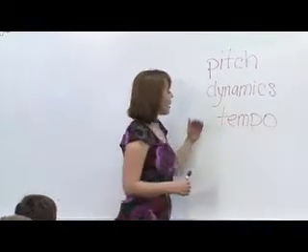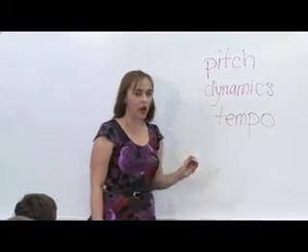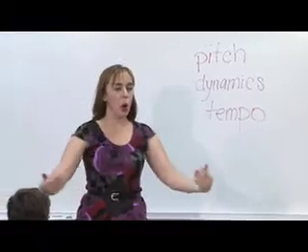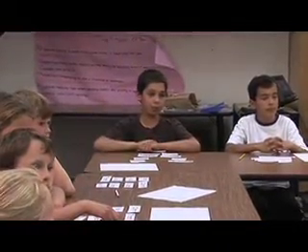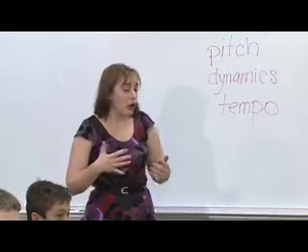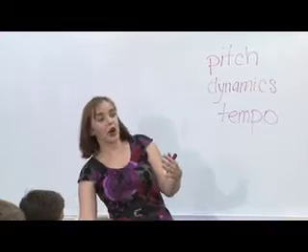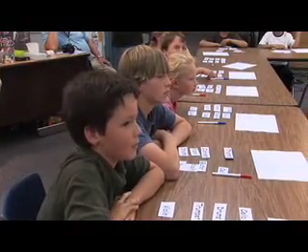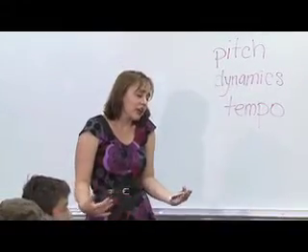Exactly. We're talking about speed, how quick or how slow something is. Why might a composer have the music be played very slowly? Yes? Someone could be hurt. Maybe they're hurt, so as they're sort of falling, it gets very slow, okay? Maybe they're sad or depressed, and it's just all feeling very slow.